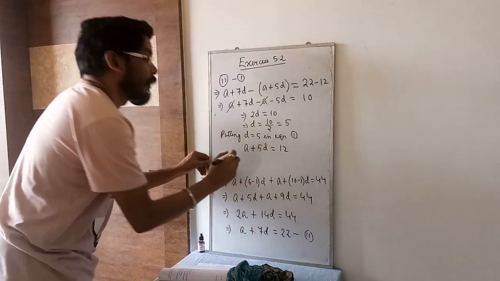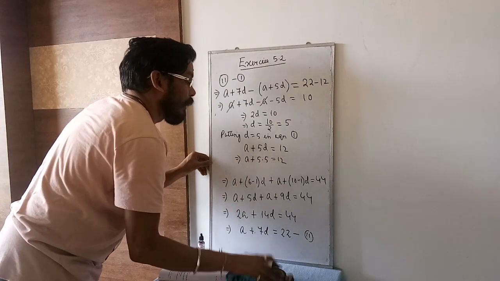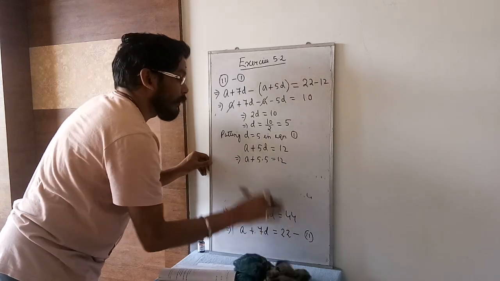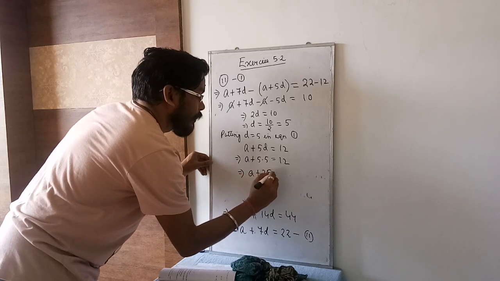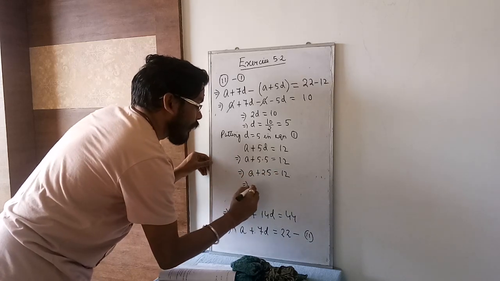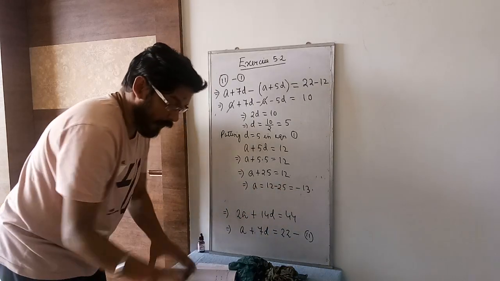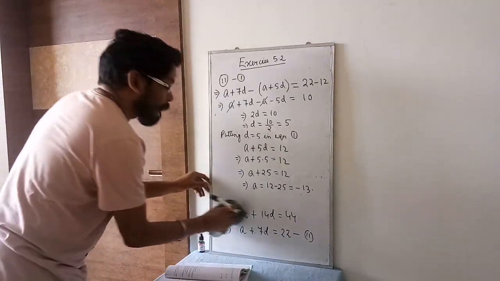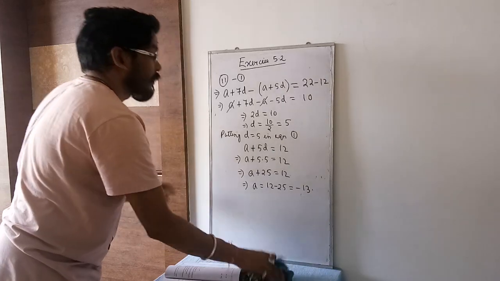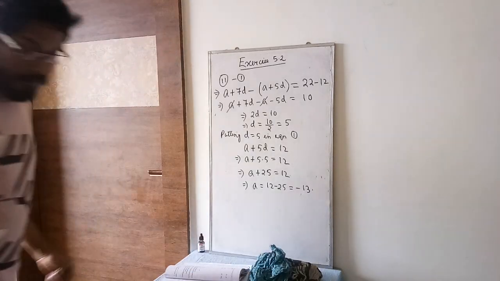So A plus 5 into 5 equal to 12. So A plus 25 equal to 12. So A equal to 12 minus 25, that is minus 13. So you got the first term as well as the common difference. Take the screenshot. Taken.